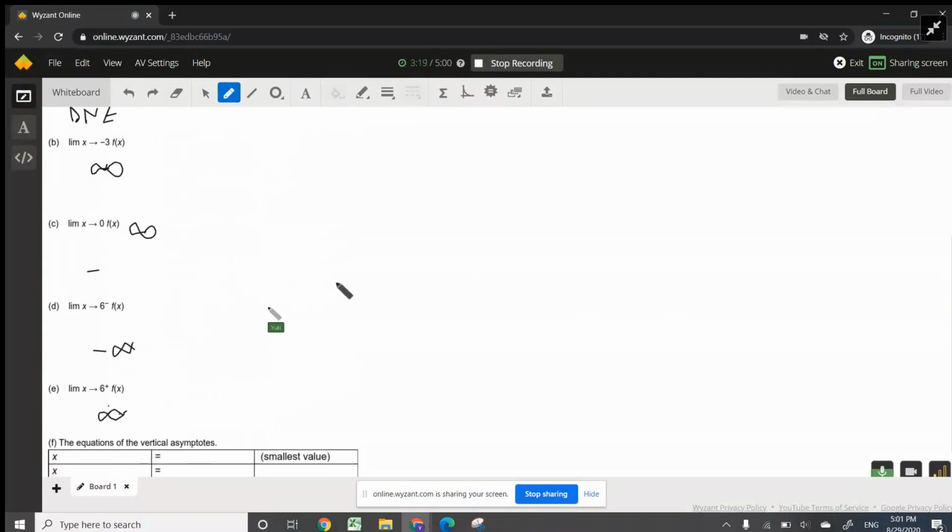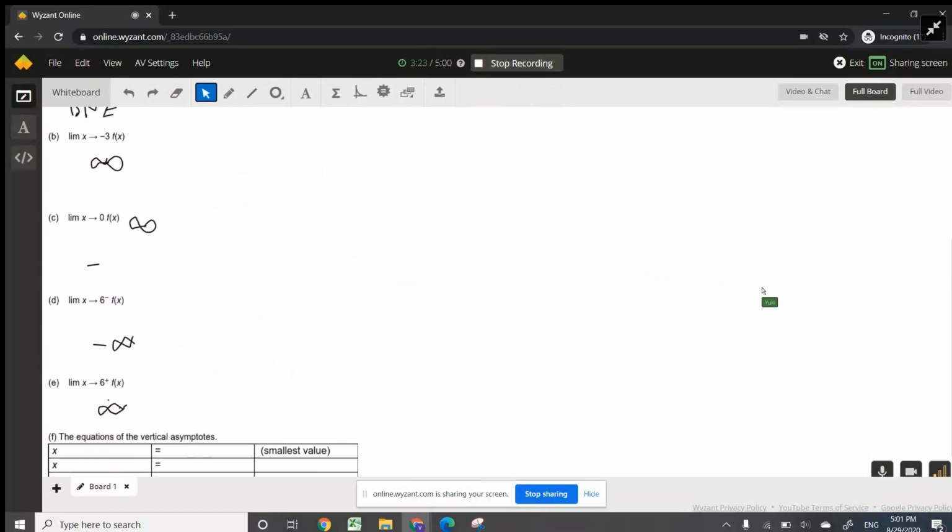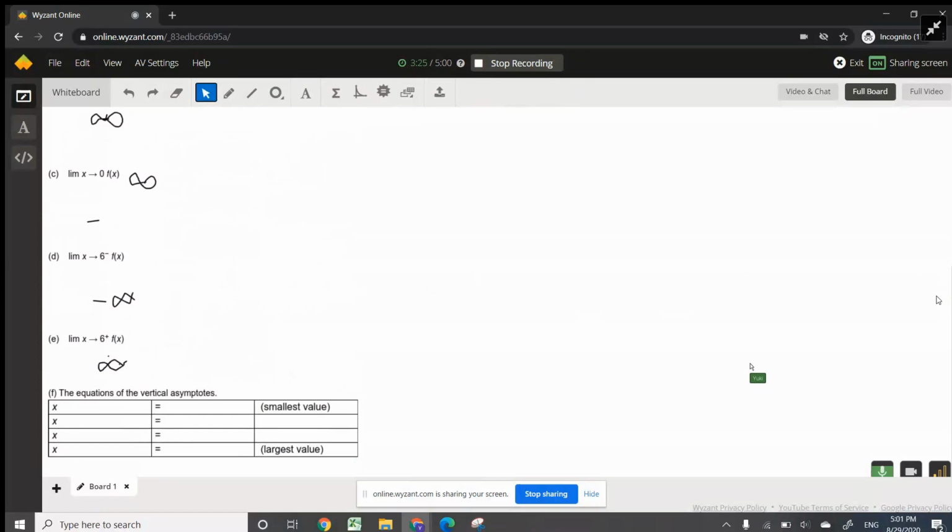Okay, and now we want to find the equations of the vertical asymptotes. So the vertical asymptotes are lines where the function will come very close to but never quite touch. So the smallest vertical asymptote, let's take a look.